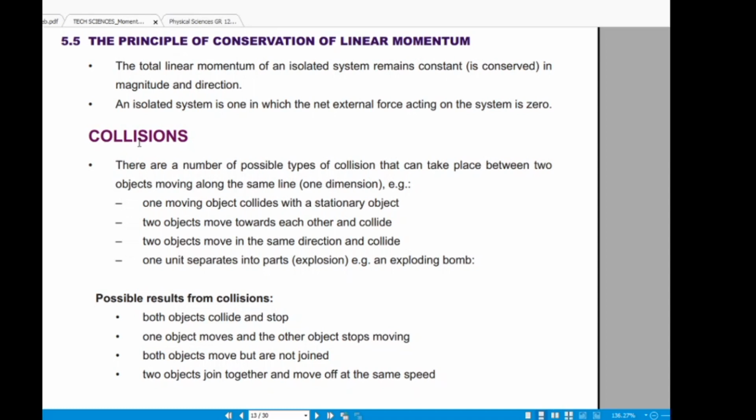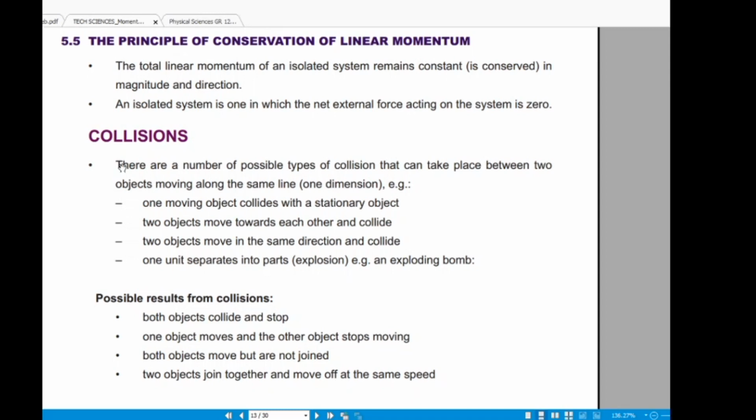So a closed system or an isolated system, it's a system where there are no external forces, because there's no friction and there's no air resistance or any other external forces, right? So this principle of conservation of linear momentum, it applies mostly when we are dealing with collisions, right?